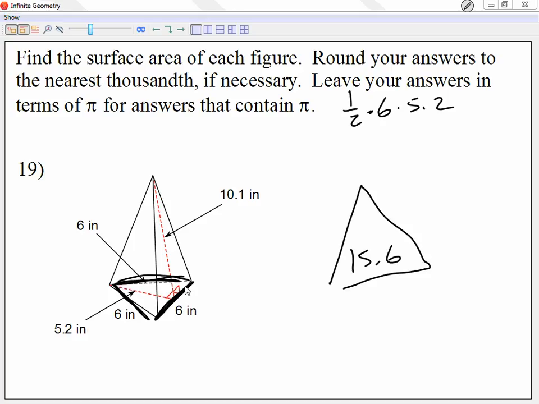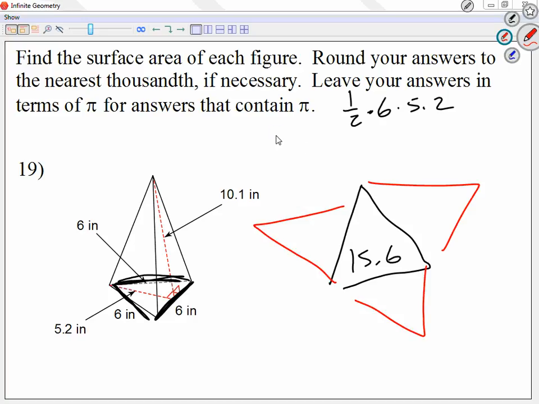For the base, the two numbers across the 90 degrees. Now for my triangles at the sides, I'm going to go 1/2 times 6 times 10.1, which happens to be 30.3.